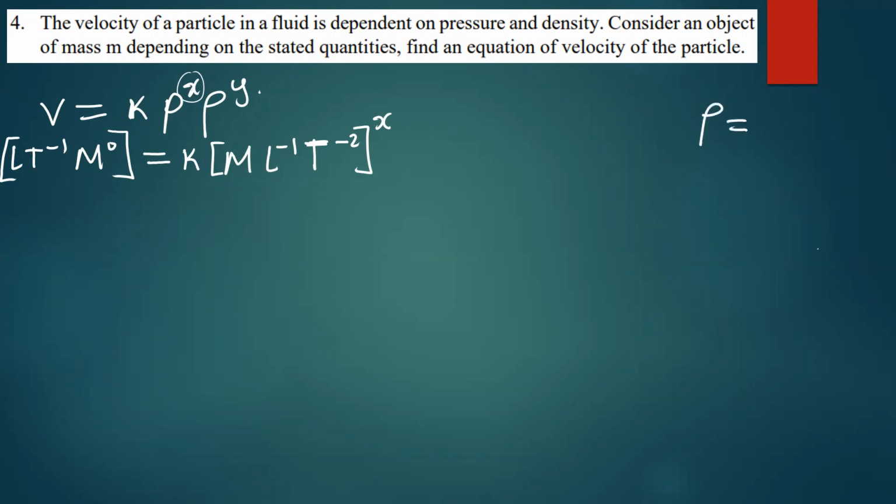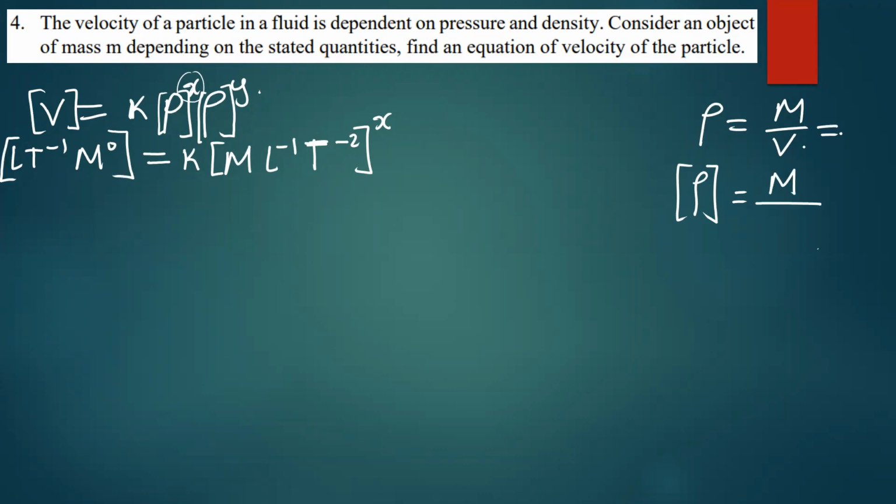The dimensions for mass is capital letter M, divided by the volume, which will just be L to the power 3.